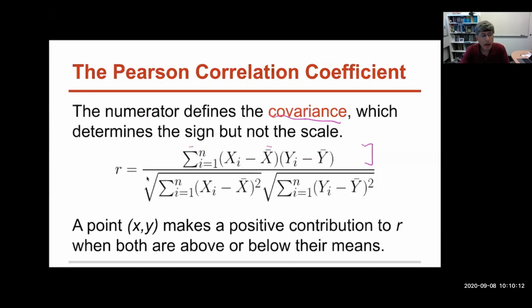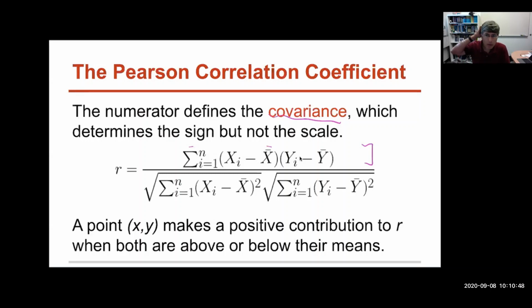So we get this covariance divided by the standard deviation of the x variables and the standard deviation of the y variables. These standard deviations serve to normalize the covariance. So it has the magic property that it can't get any bigger than 1 and it can't get any smaller than -1. Any questions about that?